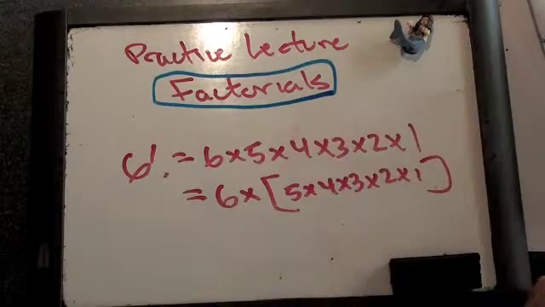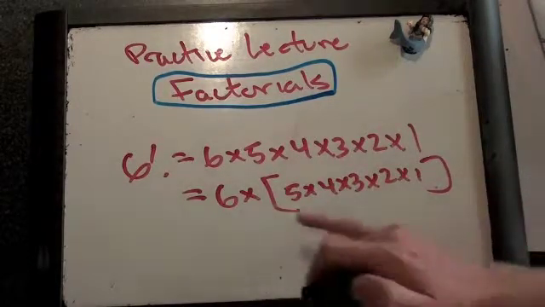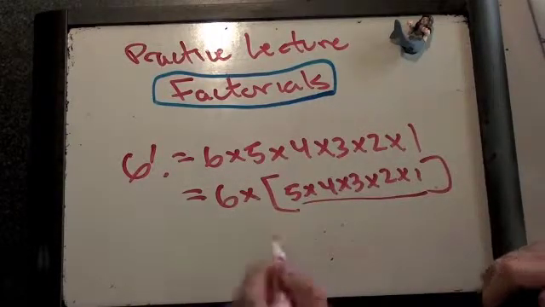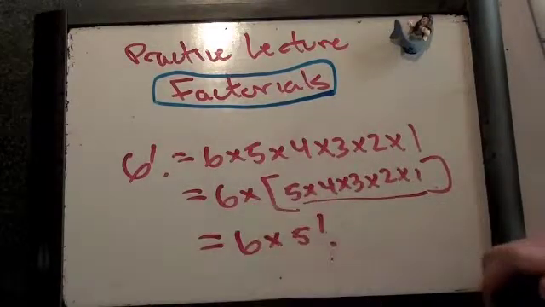And what did we call 5 times 4 times 3 times 2 times 1? Well, we said it was 120. But what else did we call it? We had a special symbol for it: 5 factorial. So 6 factorial just equals 6 times 5 factorial.